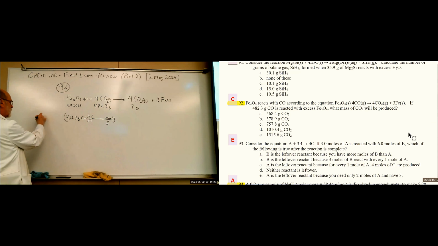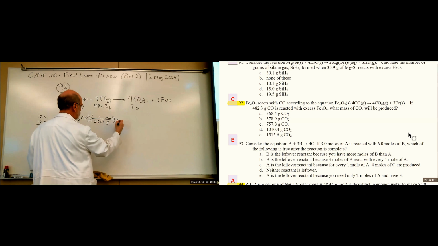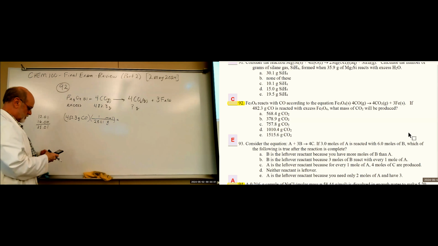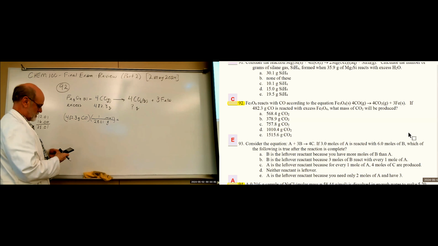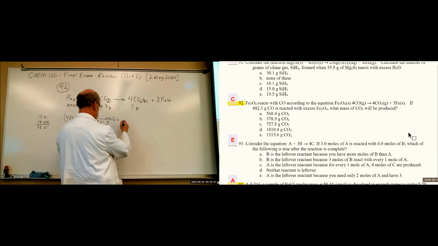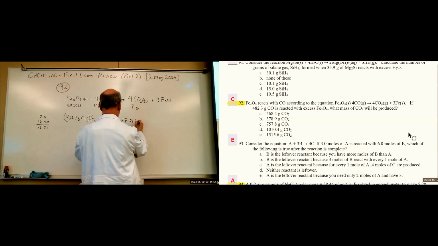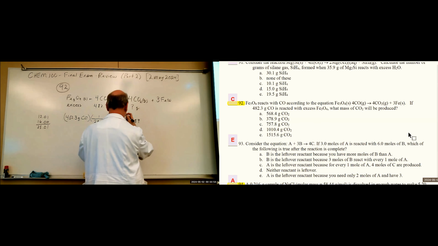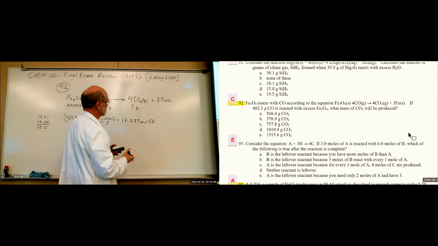Carbon is 12.01, oxygen is 16, so 28.01 grams per mole, divided into 482.3 is 17.2189 moles of carbon monoxide.